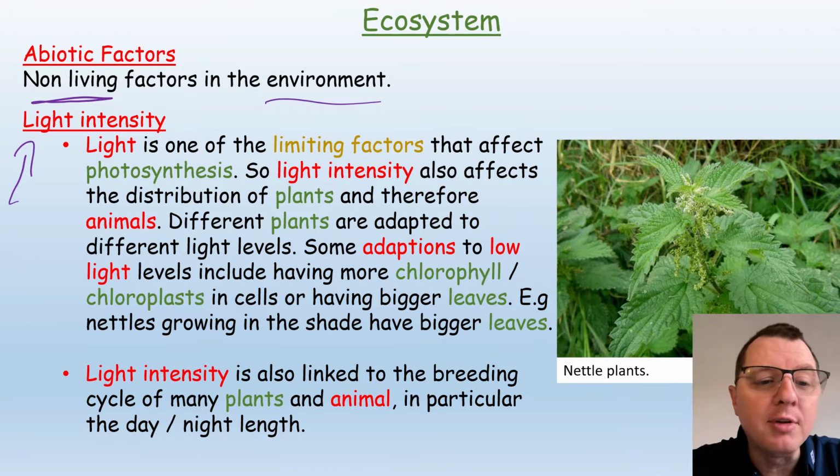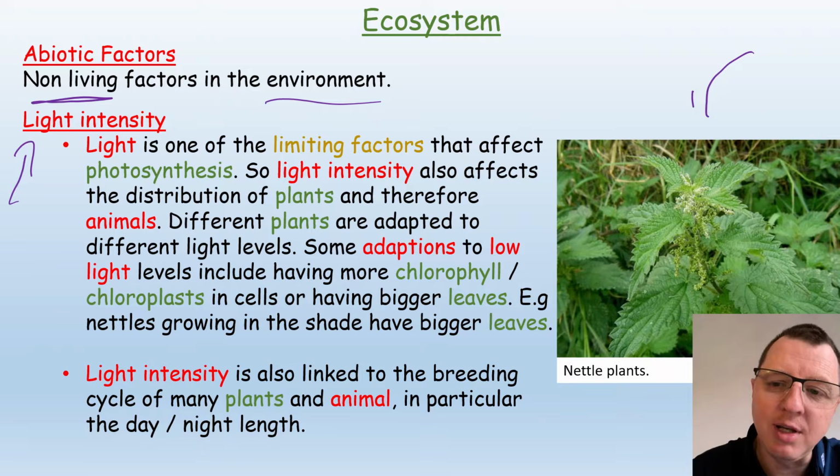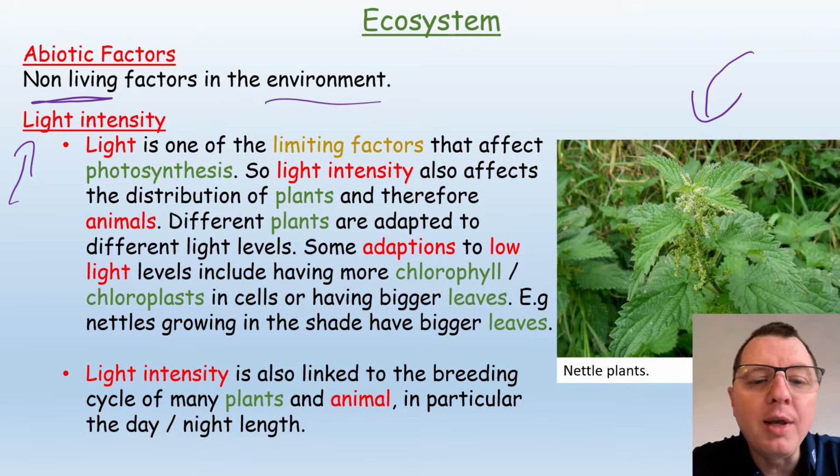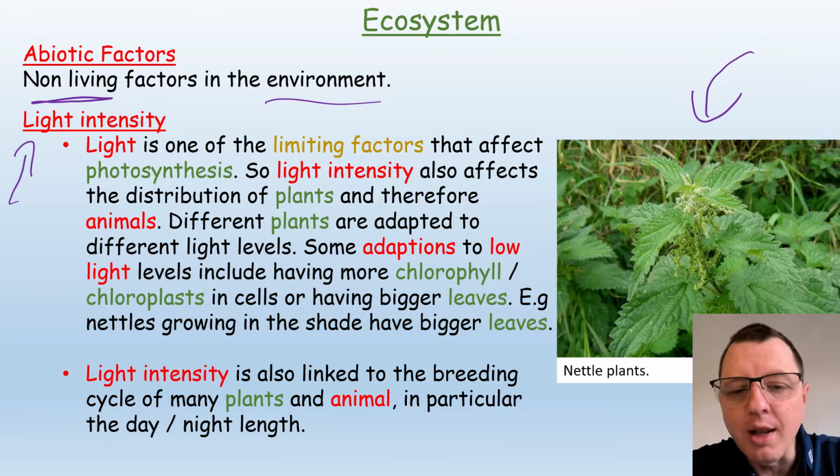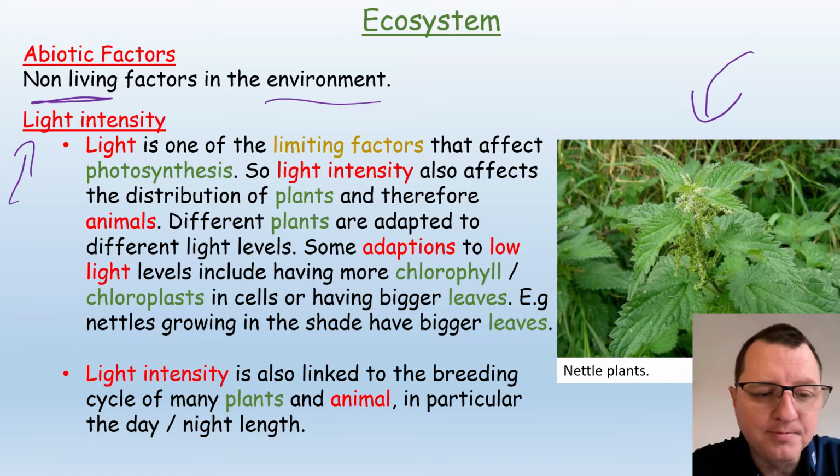Different plants are adapted to different light levels. Some adaptations to low light levels include having more chlorophyll or more chloroplasts in your cells, or having bigger leaves. For example, nettles like these that you see in the UK, growing in the shade, will have bigger leaves because they're trying to capture more of the light in a low light intensity environment.